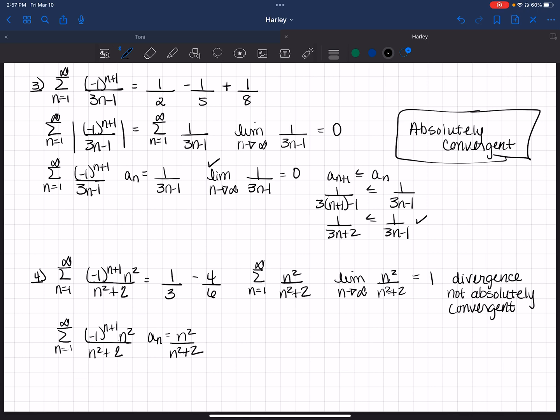If I take the limit of that, which we have already done, we have to meet our 2 criteria. I've got the limit as n approaches infinity of n squared over n squared plus 2. That winds up equaling 1. I don't have to test the other. That shows a divergence right there, which tells me that the series itself is divergent.